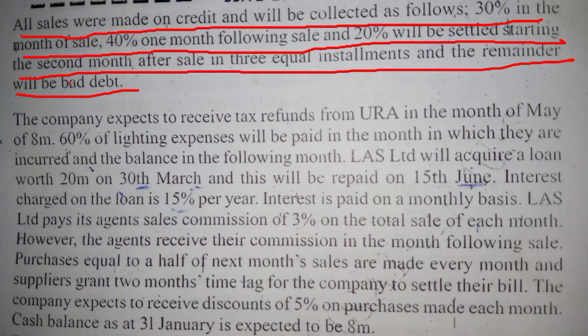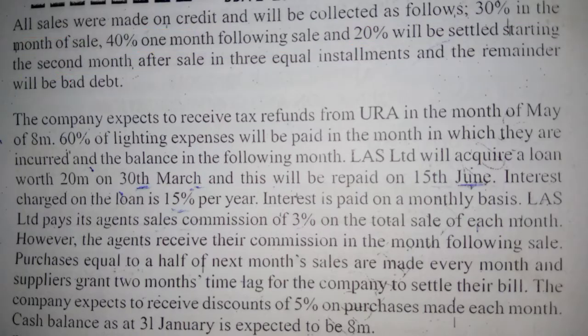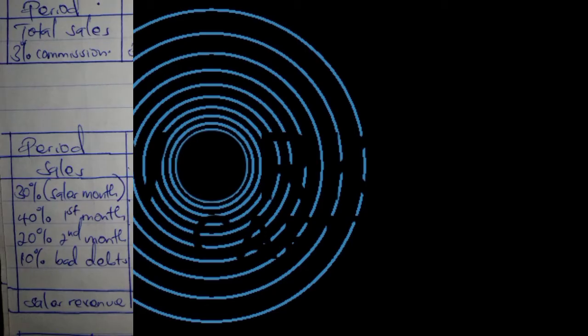We shall start with the sales. We shall draw a sales schedule, and we shall start with the column of period where we shall have sales. We shall have 30% sales.